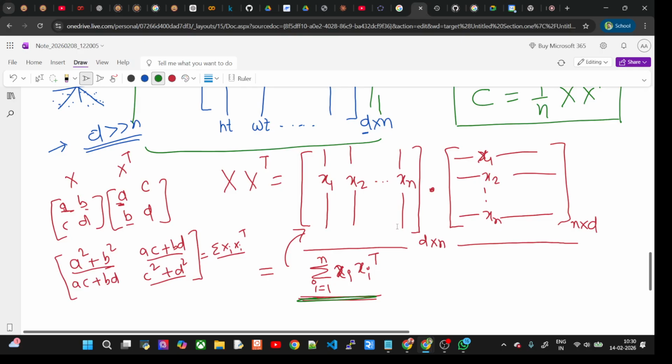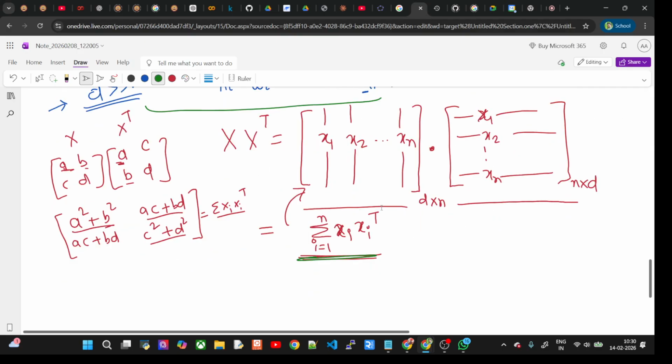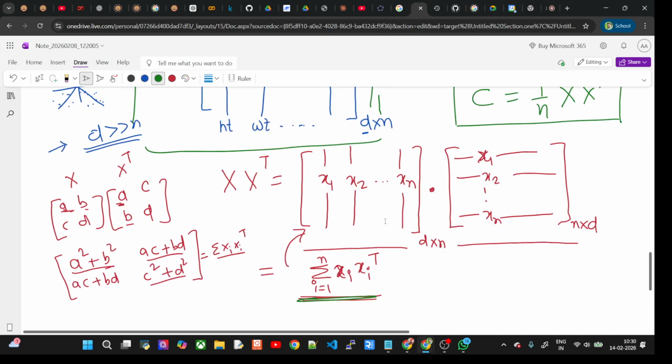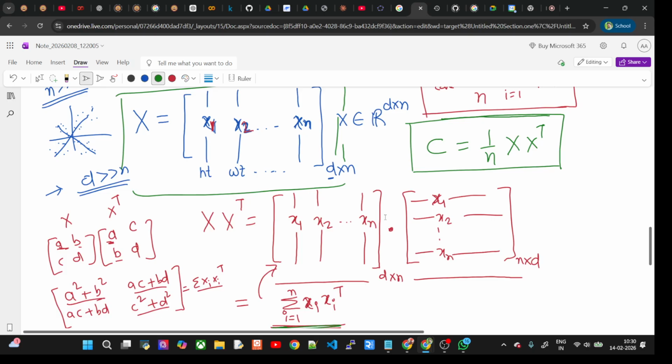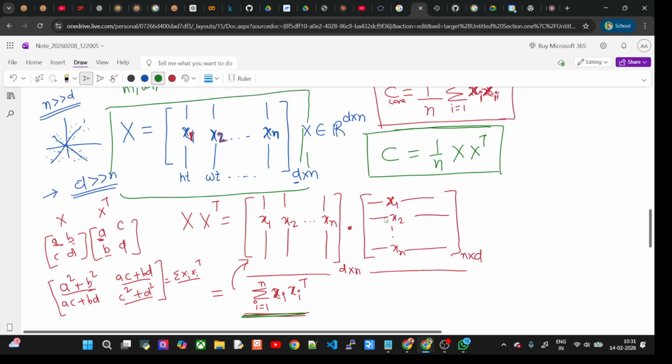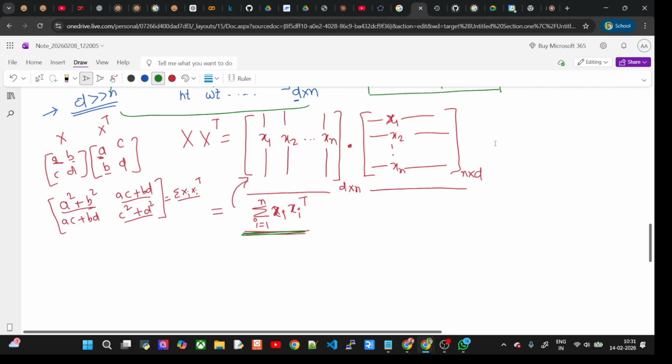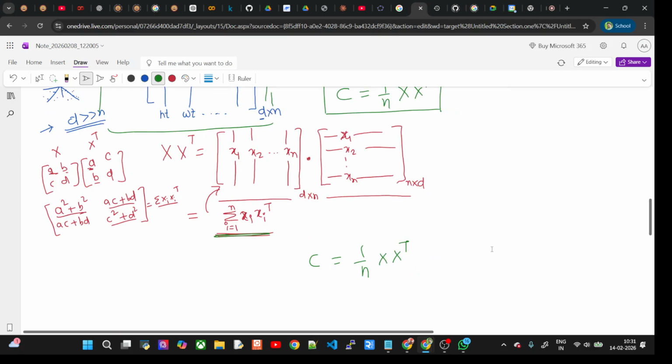And what generally we do in the PCA, now the main point: if I replace, for example, here c is equal to 1 over n times x into x transpose. Maybe I'll use a small font so I can write properly here.